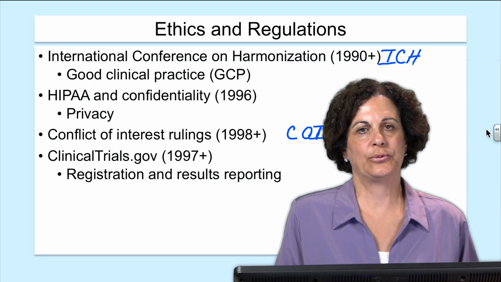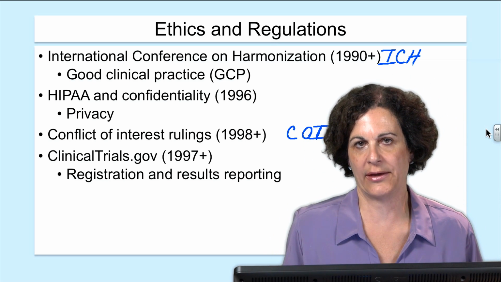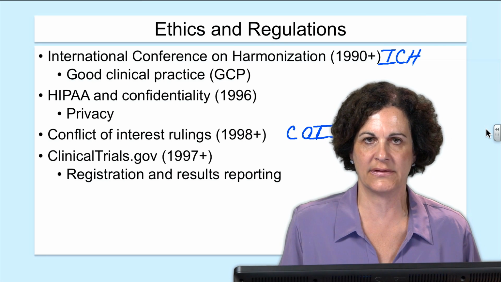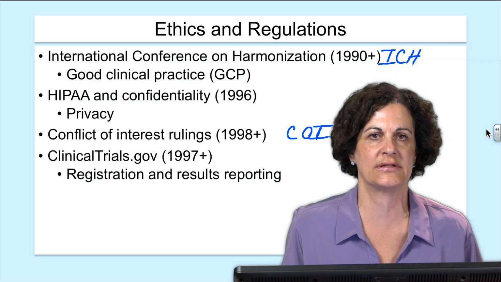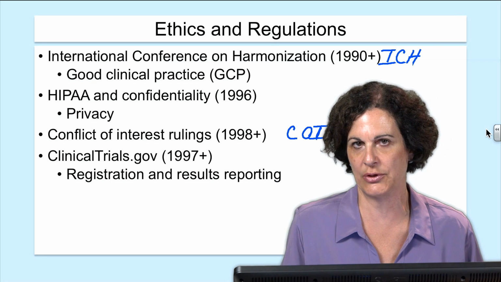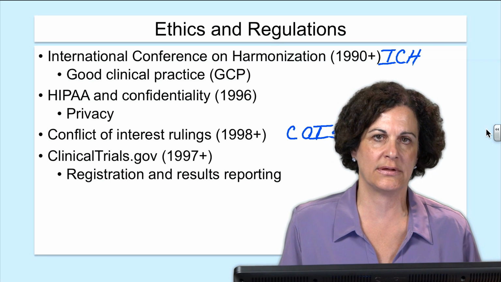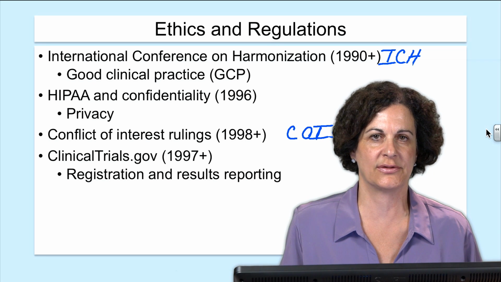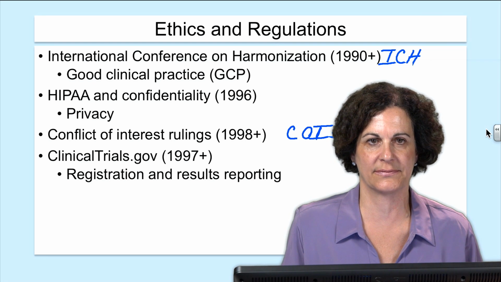And this has to do with making sure that we are transparent about the clinical research process. If someone's receiving money on the side to conduct clinical research, it's important that the research subjects know that. Or if the investigator is speaking on behalf of a pharmaceutical company, that is also important and also becomes part of the informed consent process.